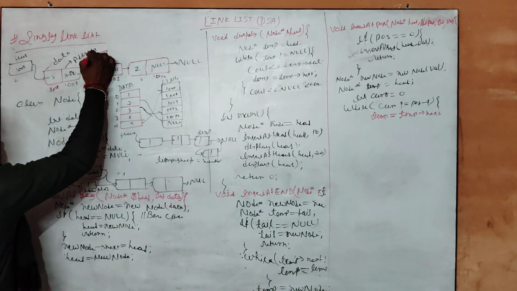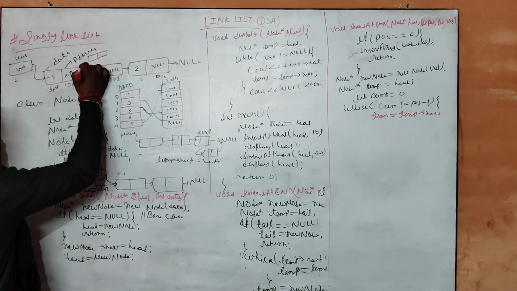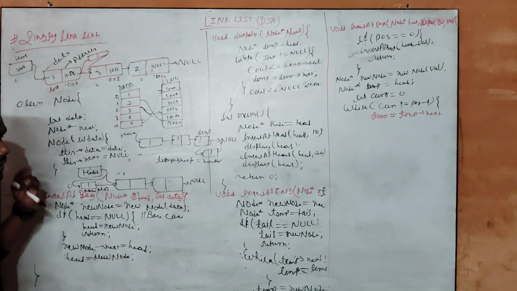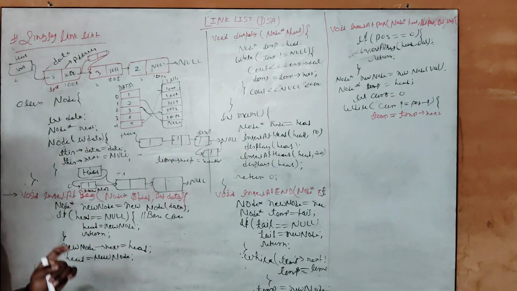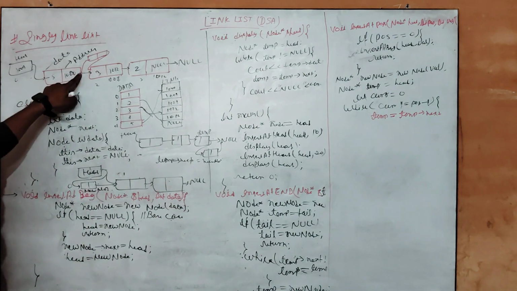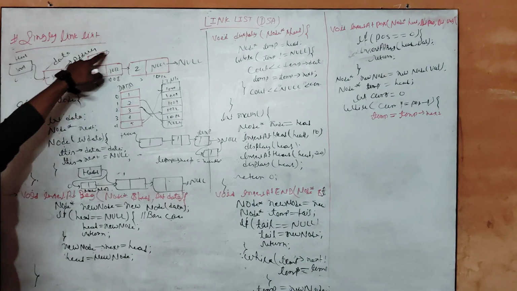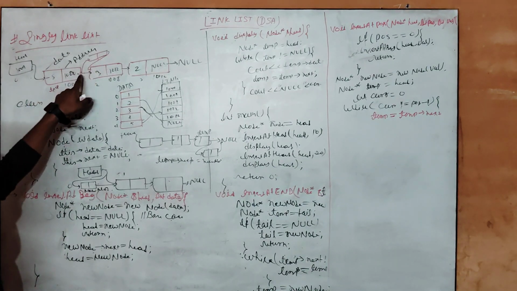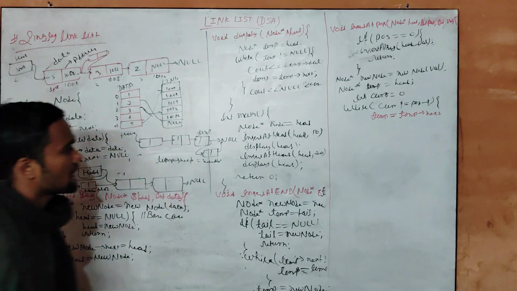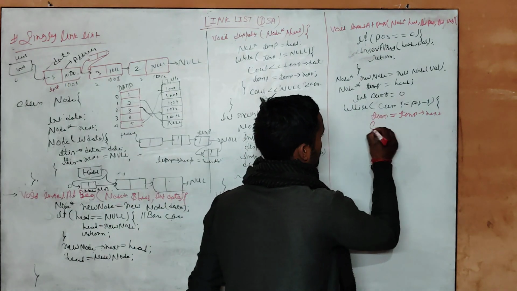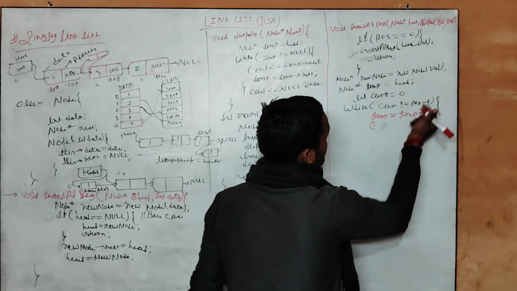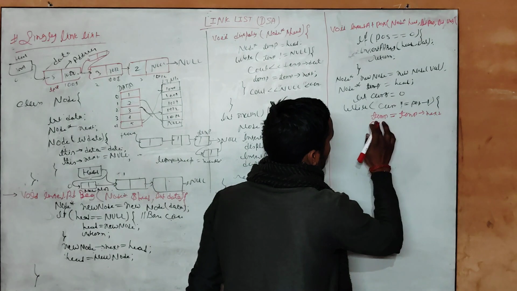I want to insert this node. Okay, new node of next is equal to temp of next. Then what I am writing is current plus plus, because the loop is working till position minus 1.